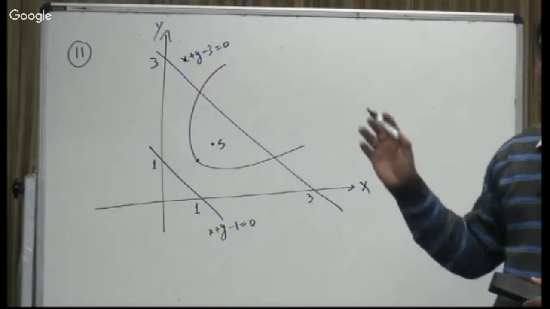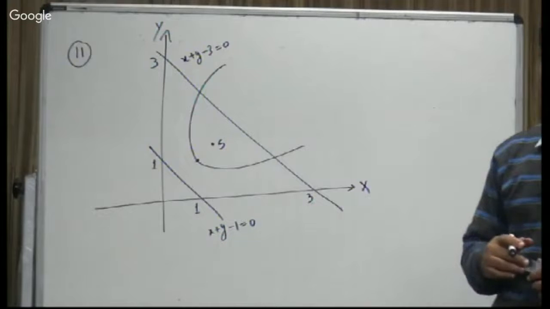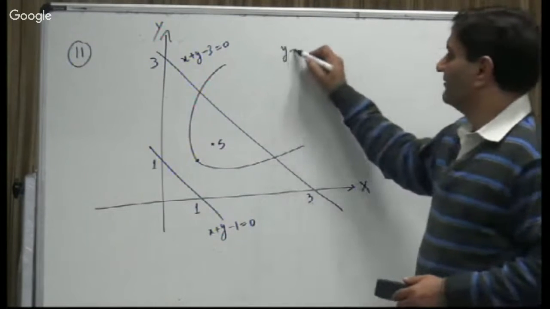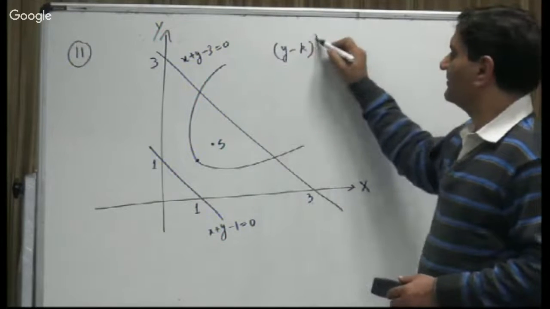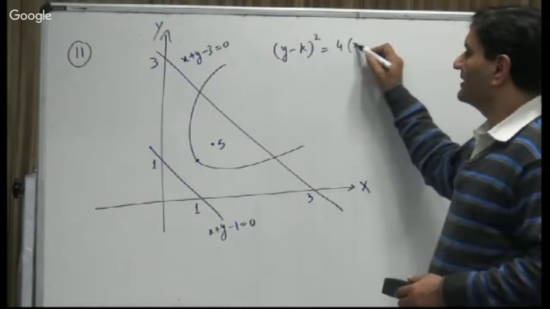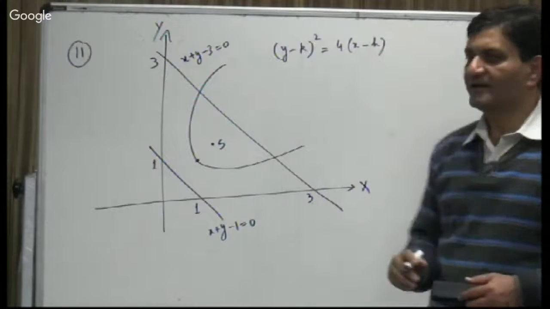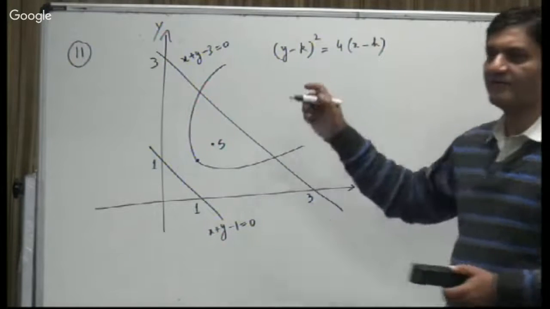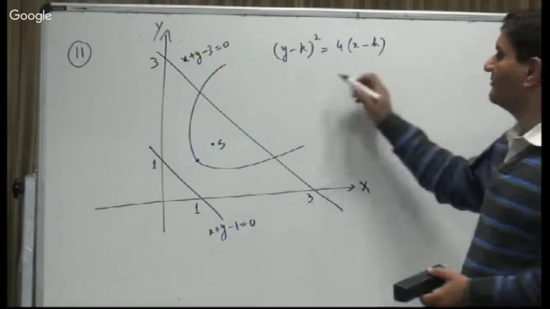Now can you tell me how to find the coordinates of the focus in this case? So what we do is y minus k whole square is equal to 4 times x minus h, right? This concept is based on shifting the origin. What we do is we convert it into standard form. How do we convert it into standard form?